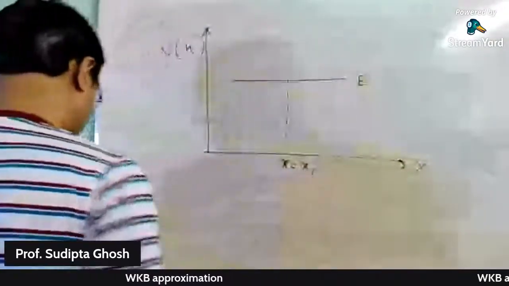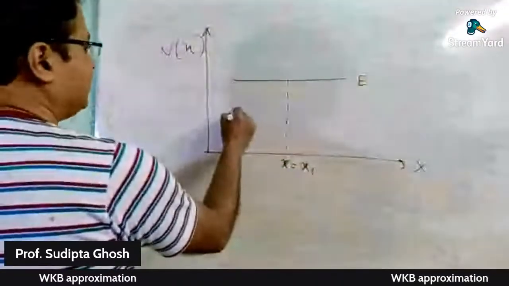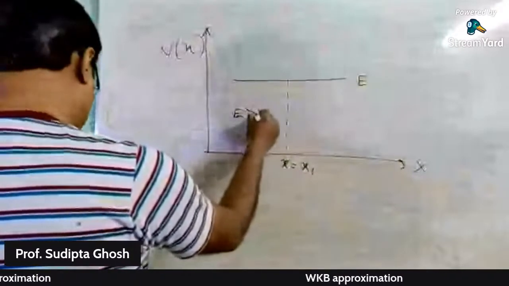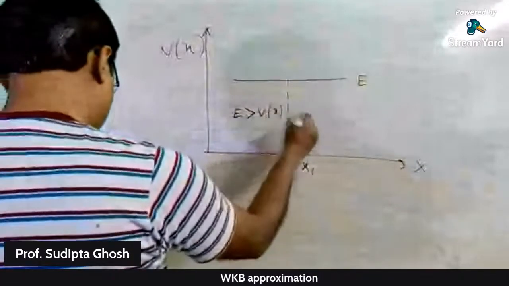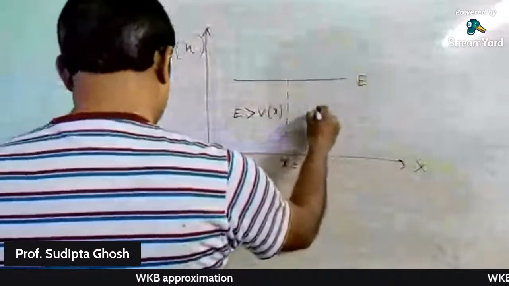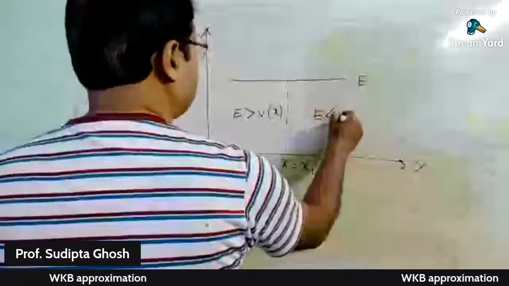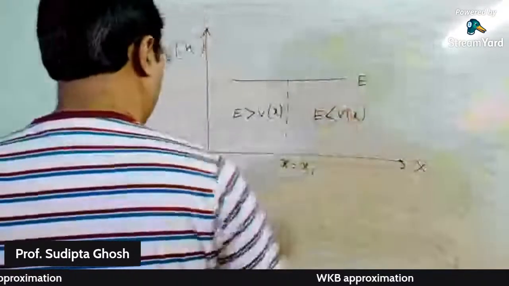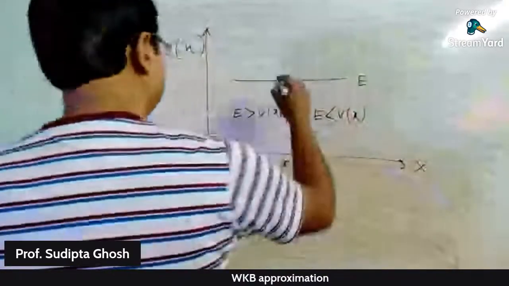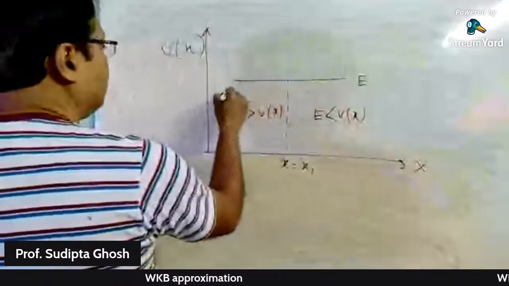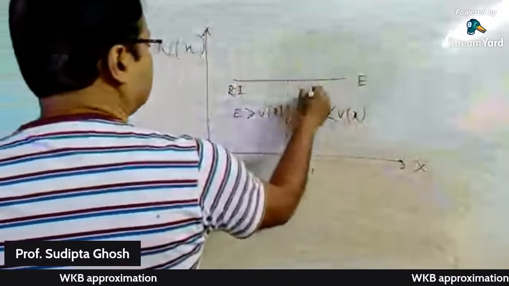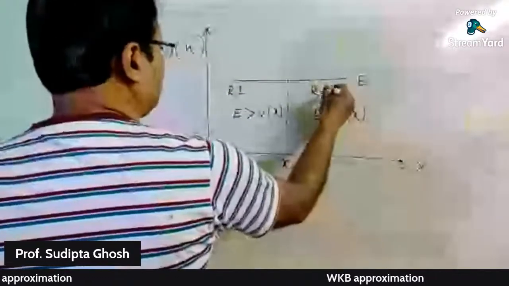Say this is x equals x1, and in this region E is greater than V(x), and in this region E is less than V(x). This is region 1 and this is region 2.